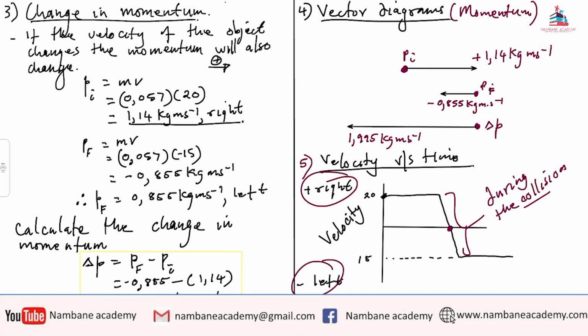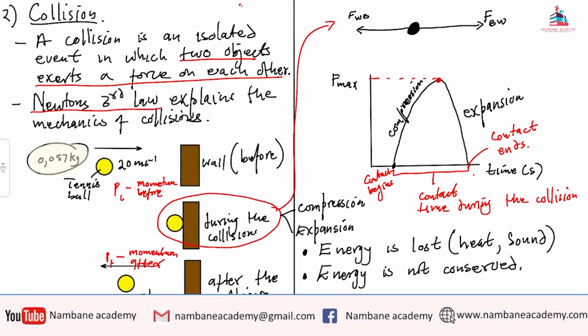Thank you very much. Now, for velocity versus time, Moteo, let's maybe go back to the slide where this tennis ball of ours was moving towards the wall with 20 meters per second. So we're calculating the momentum before, but we are told that it is already moving with 20.